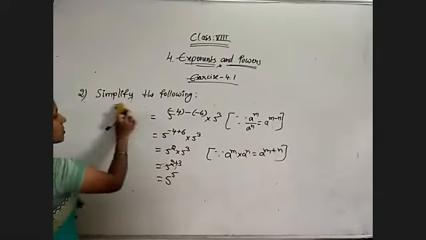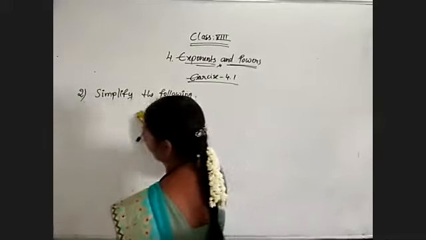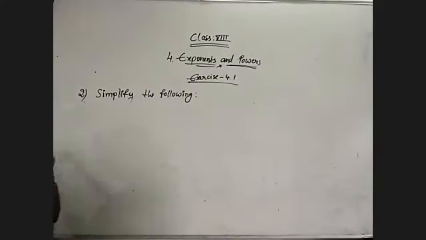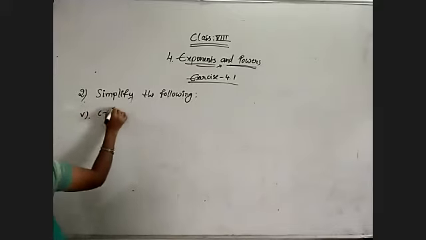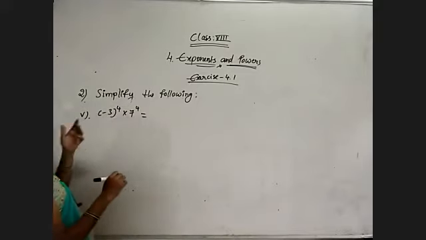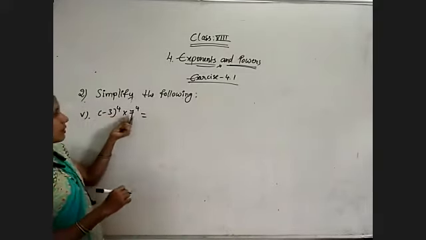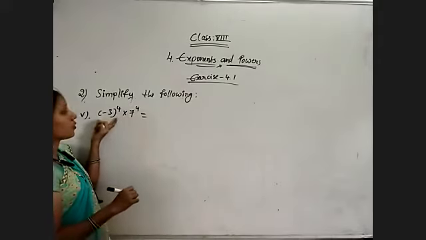Now coming to the last problem from the second question: minus 3 to the power of 4 into 7 to the power of 4. In this one, 7 power 4 we can't write differently, but minus 3 power 4 we first simplify.